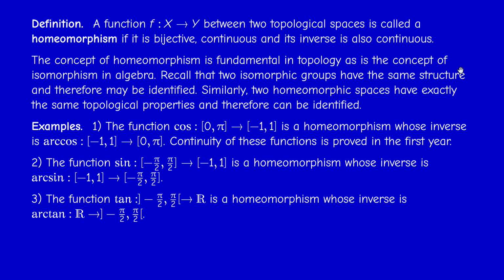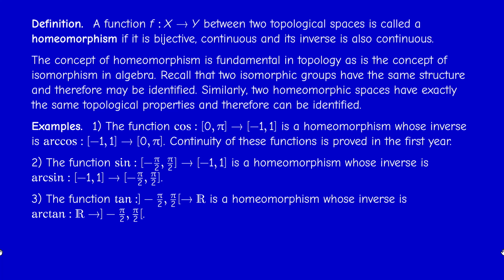Now, there is a little bit surprising geometric interpretation of this example. Because here we understand that these two closed intervals are homeomorphic, because they have the same shape. But it's less intuitively clear how a finite interval, (-pi/2, pi/2), can be homeomorphic to an infinite line.